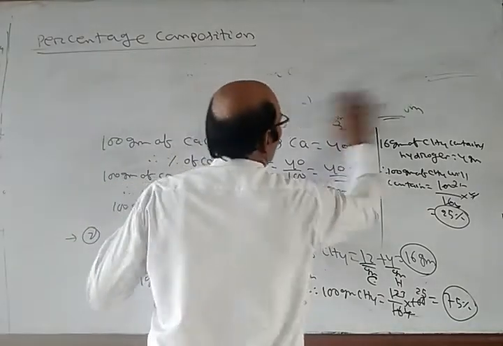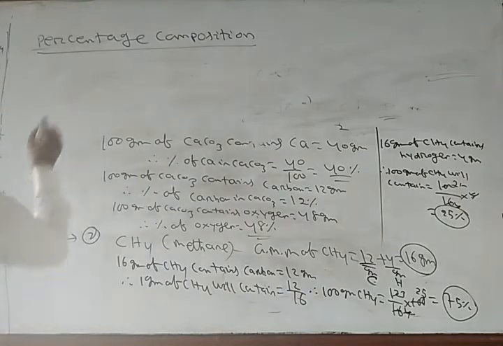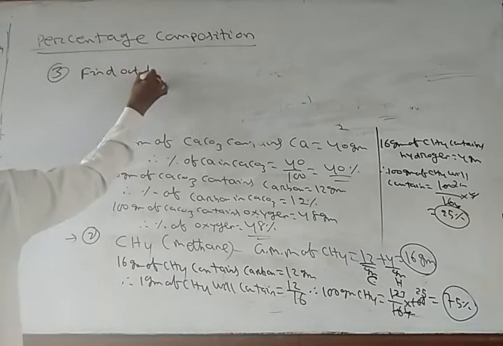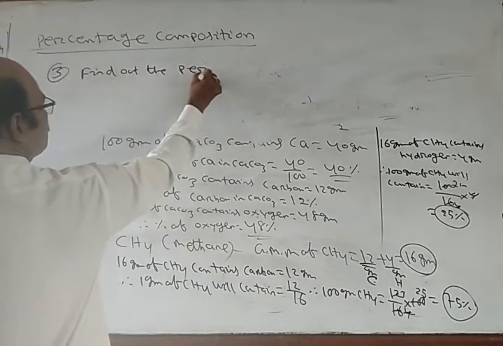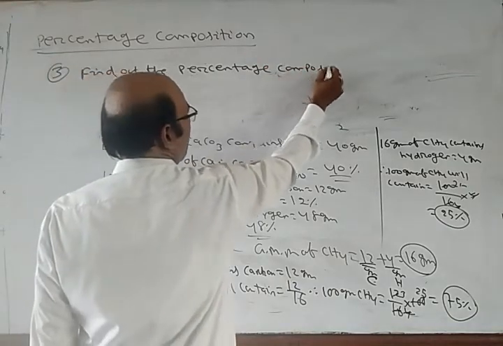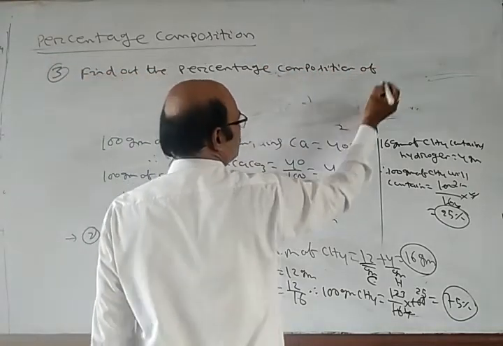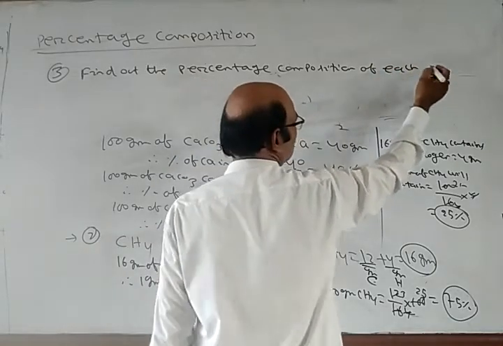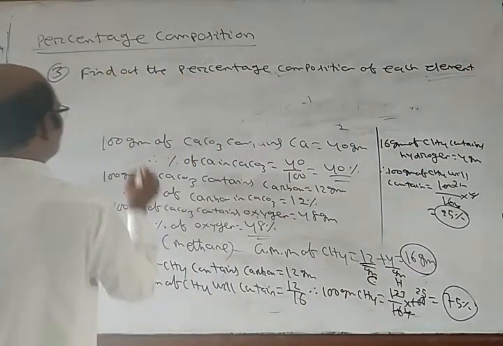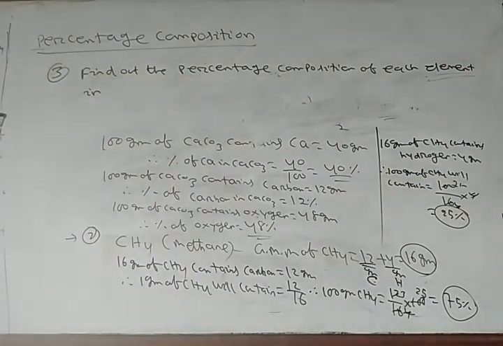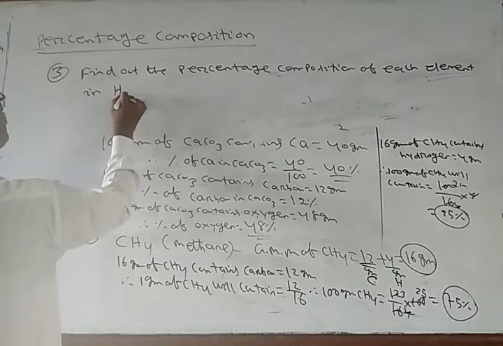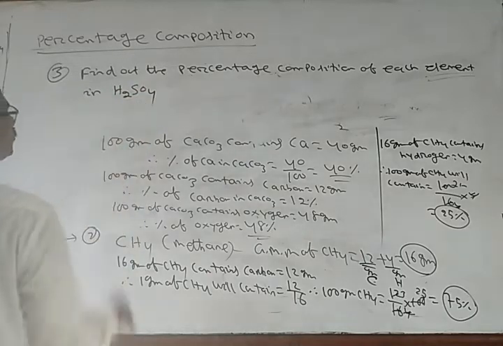Now if I take another example, number 3: find out the percentage composition of each element in H2SO4.